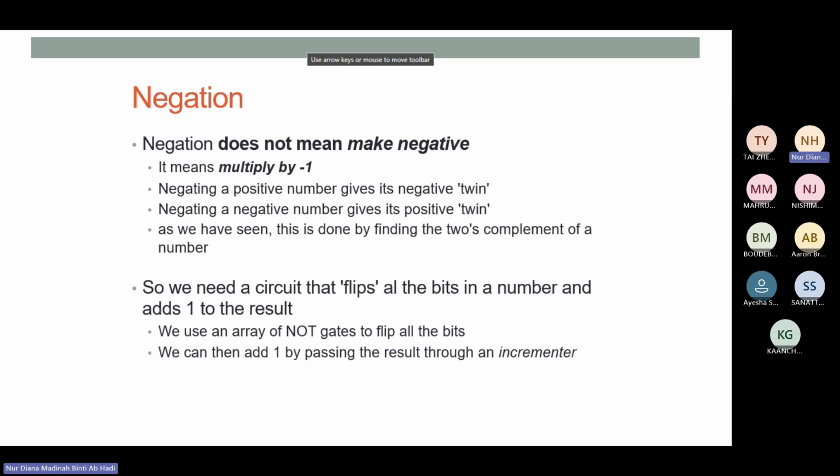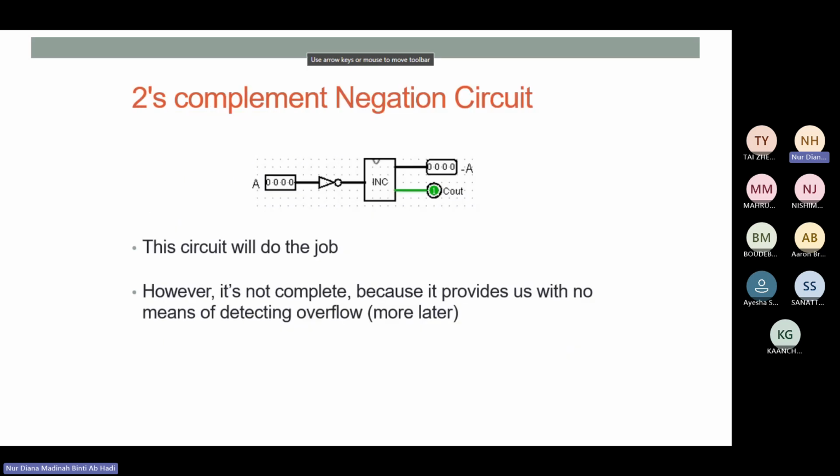Negating a positive number gives a negative twin, but when you negate a negative number, you will get a positive value. So we need a circuit that flips all the bits in the number and adds 1 to the result. We use an array of NOT gates to flip all of these bits. Then we can add 1 by passing the result through the incrementer. So this would be the example of a two's complement negation circuit.